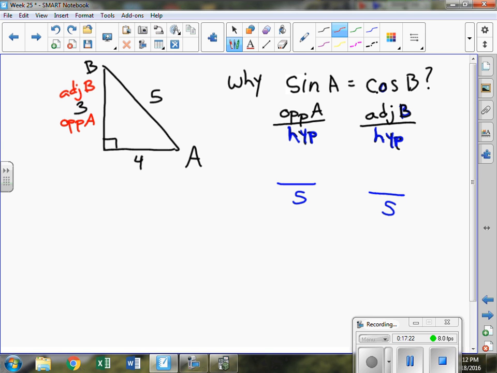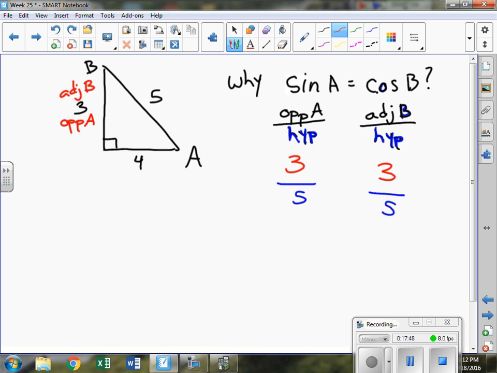Opposite of angle 1 and adjacent of angle 2. It's two different ways to describe the same side of the triangle. In both instances, whether it's opposite of A or adjacent of B, both are giving us the same side because they're talking about the same side.